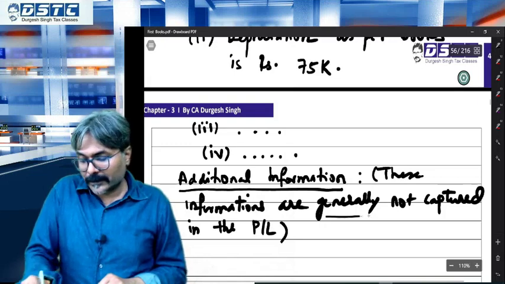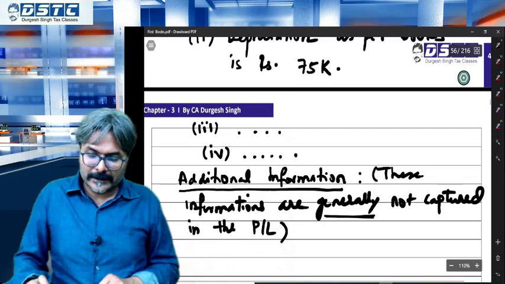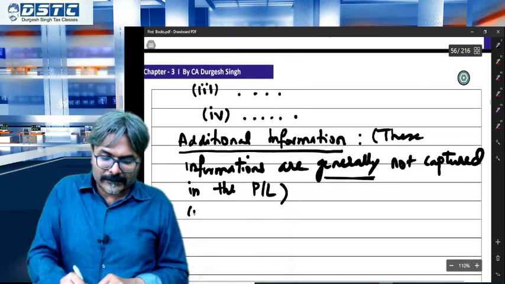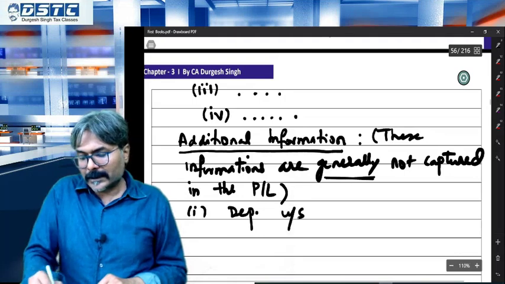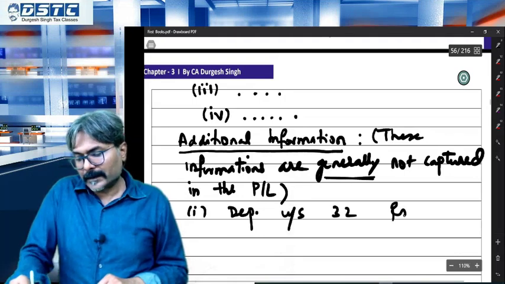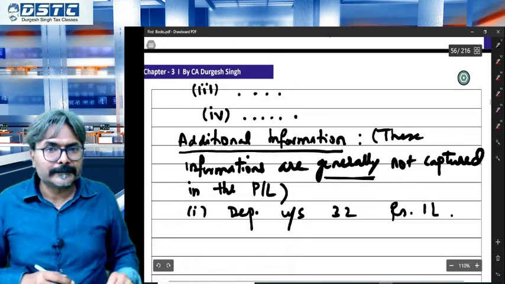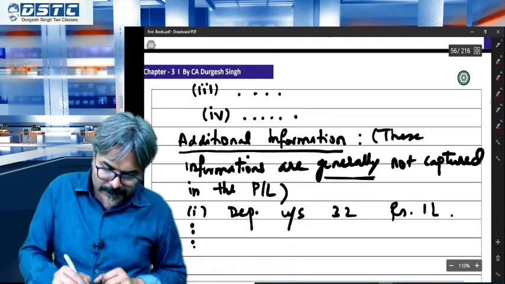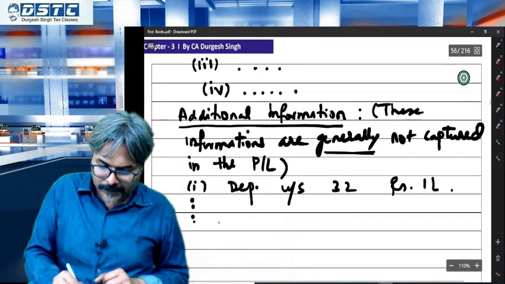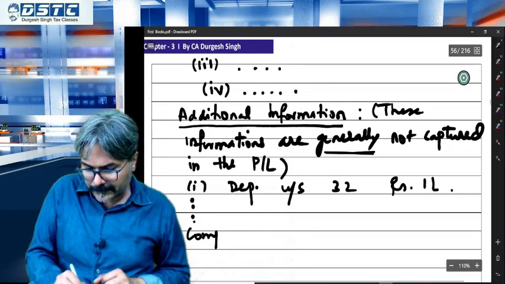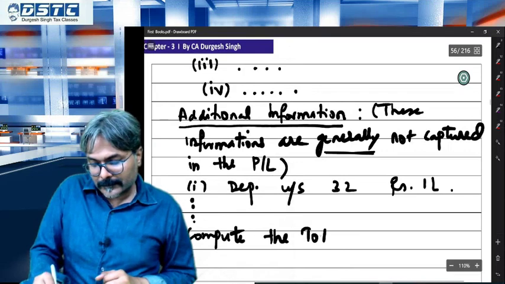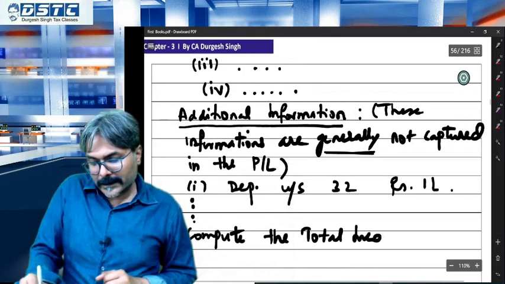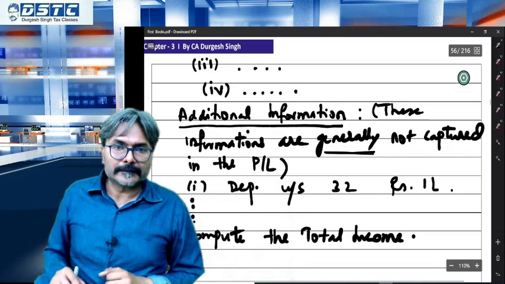I'm just putting a caution, students, generally. So what is the additional information we are talking about? Depreciation under section 32, 1 lakh, and some more information. After that, compute the total income.